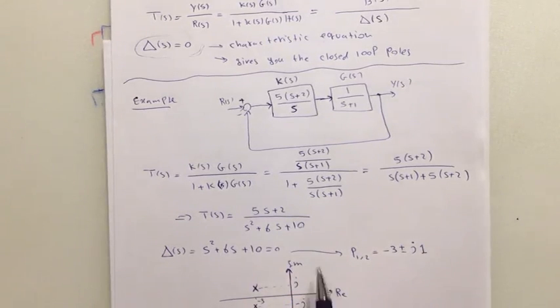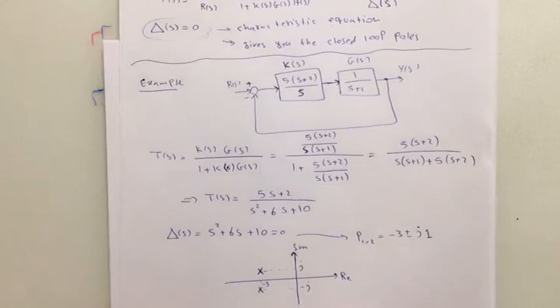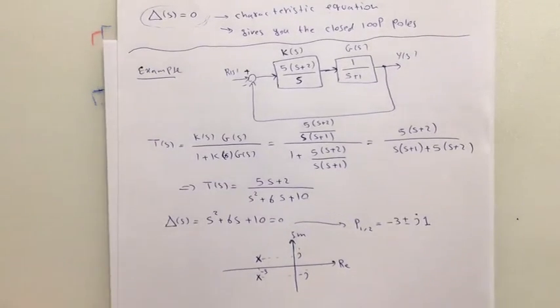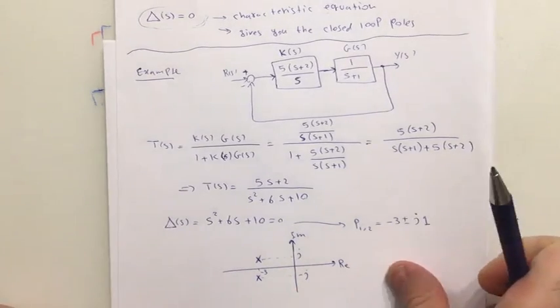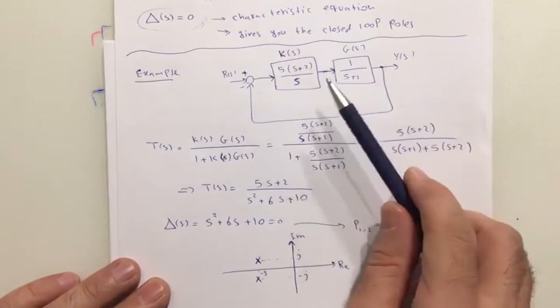Because the poles are on the left side of the imaginary axis, the closed loop system is stable. So this controller that we have designed will stabilize the system.